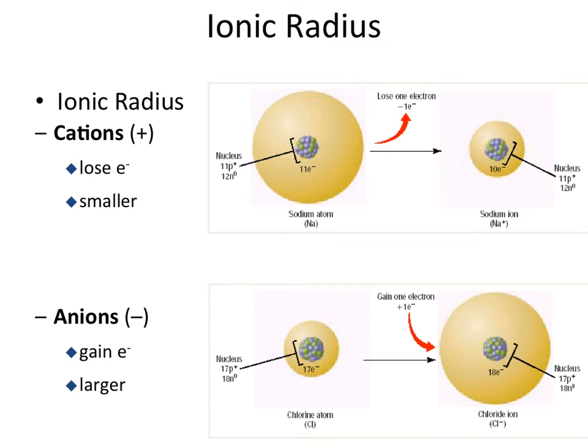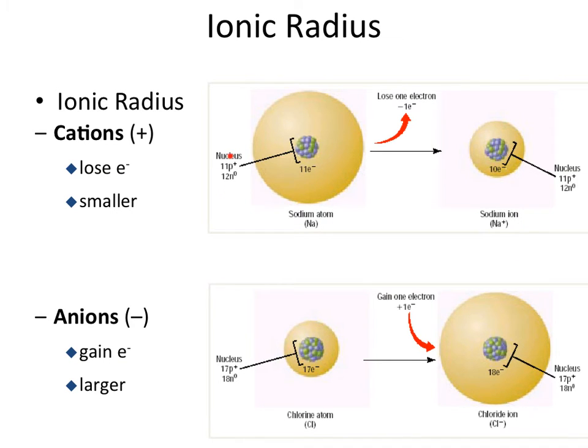So looking now more specifically at the ionic radii, we need to talk about what happens when a neutral atom forms an anion or a cation. If we look at our pictures here, I want you to notice that I have a sodium atom. Sodium is a metal. Typically, metals give up electrons. So if sodium loses an electron, it's still going to have the same number of protons, because the number of protons is what determines that it's sodium.